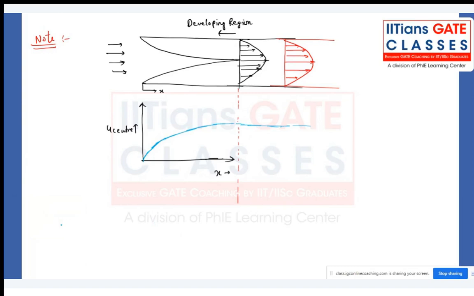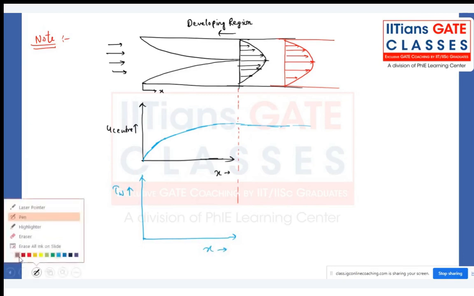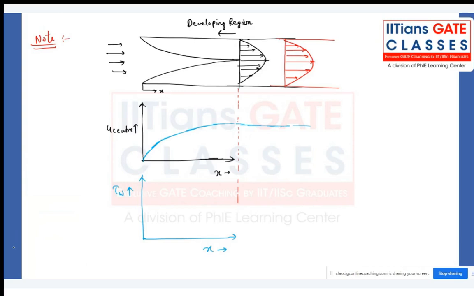What about the wall shear stress with respect to x in both the developing and fully developed region? I'm talking about the developing region first. It will decrease, and then it will become constant.